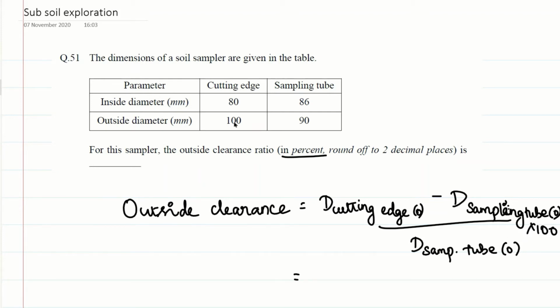So if you consider only the outside diameter, 100 minus 90 divided by 90 into 100 gives you 11.11%. Right? It's a simple question.